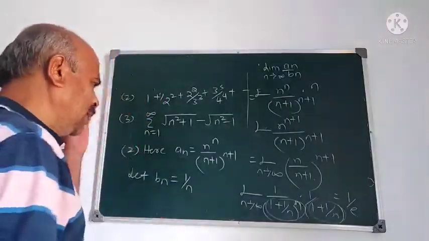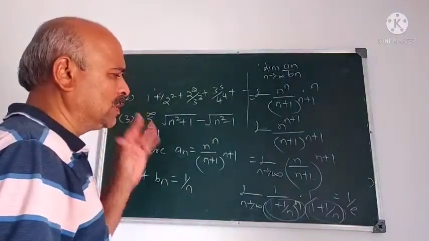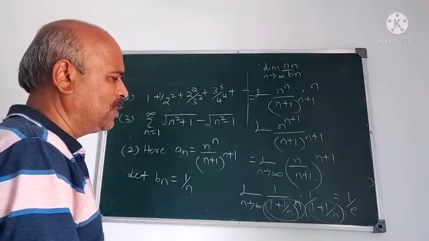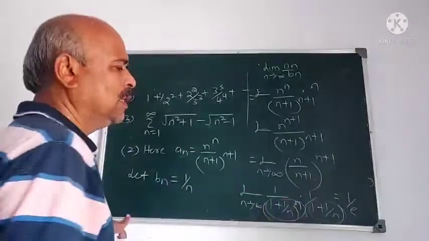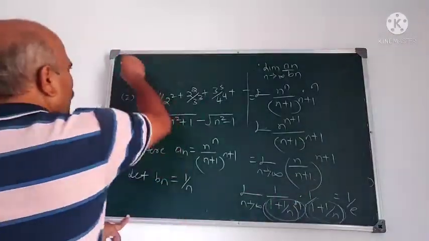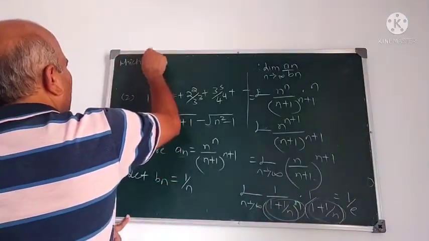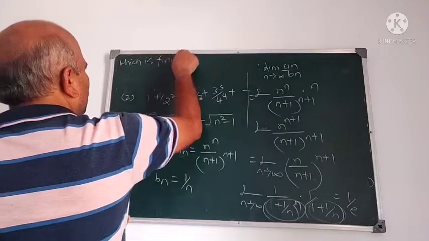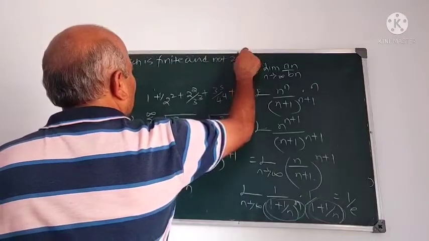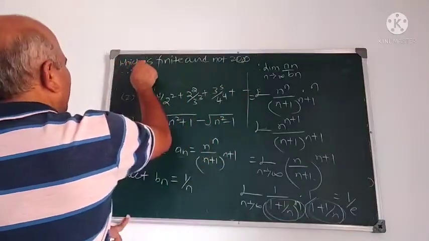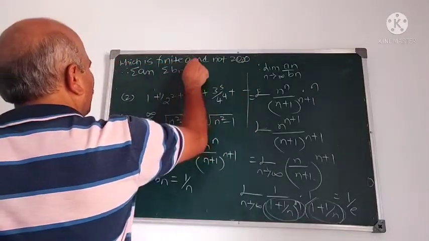The sequence given by 1 plus 1 upon n raised to n converges, and the limit of that sequence is e. Now the conclusion: the limit is finite and not zero. Therefore, sigma an and sigma bn behave the same.